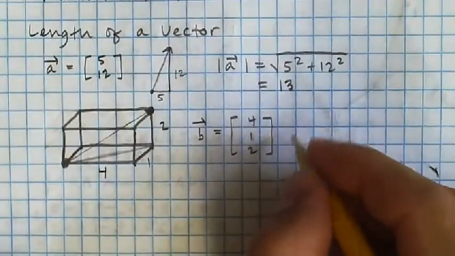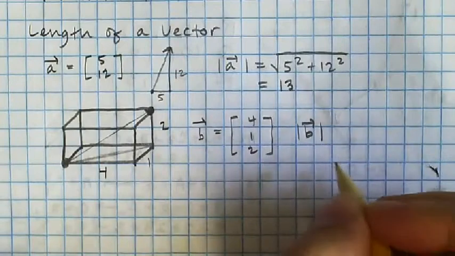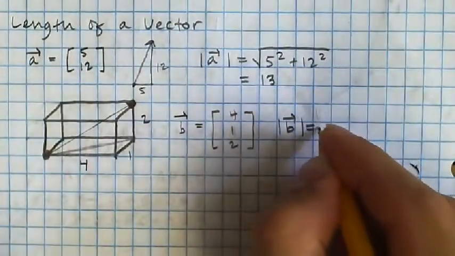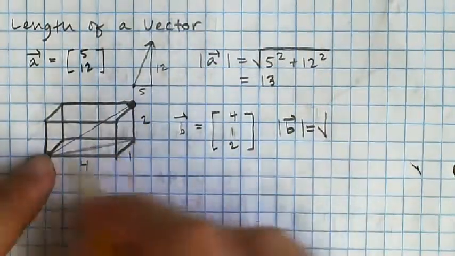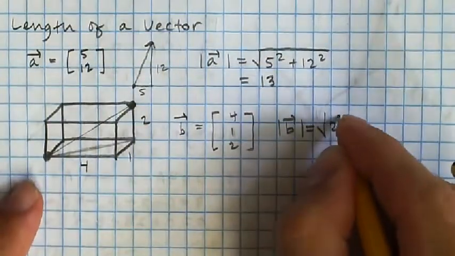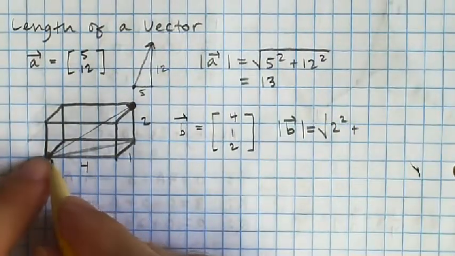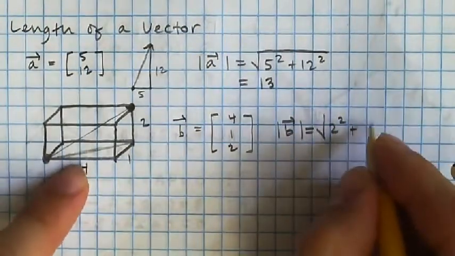So the length of B is going to be something that we can find by taking the square root of 2 squared plus this thing squared. And this length is the square root of 1 squared plus 4 squared, so it's the square root of 17.